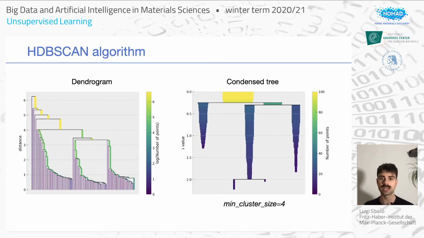But only sometimes, only on some occasions, this condensed tree is going to split into different clusters. And this happens only if the two subclusters that are created while decreasing the distance are both larger than our minimum cluster size. Otherwise, they would just disappear. They would just be cancelled.